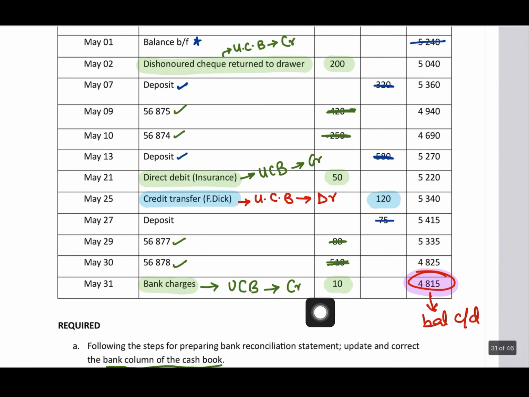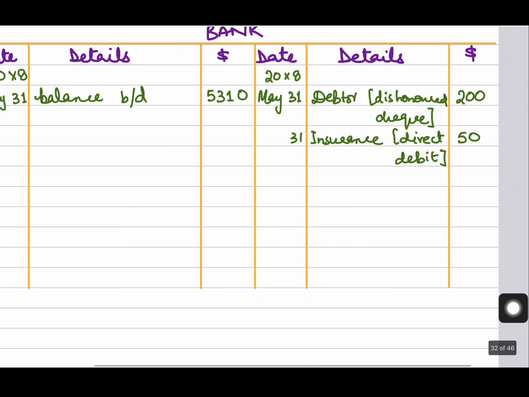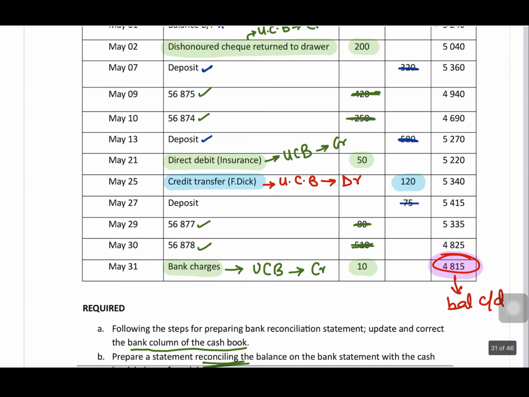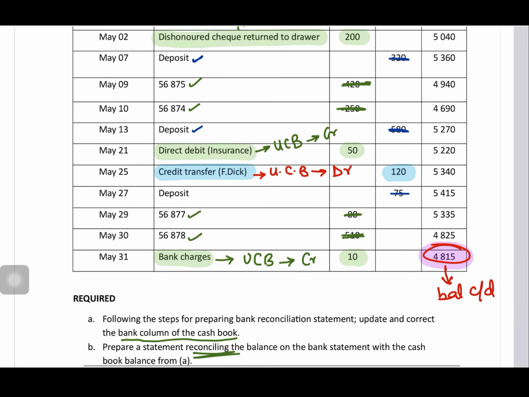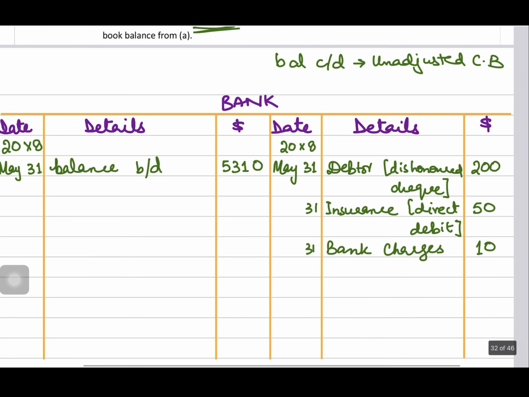Then we have bank charges, again they will also be credited, it's an expense, so bank charges. Then on the debit side there's only just one adjustment, that is the credit transfer for a debtor FDIC, that will be debited because it's a receipt, it's a deposit.